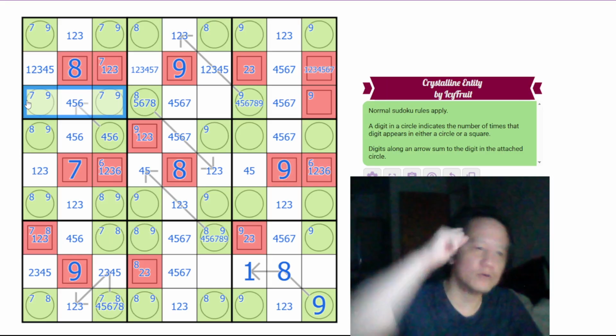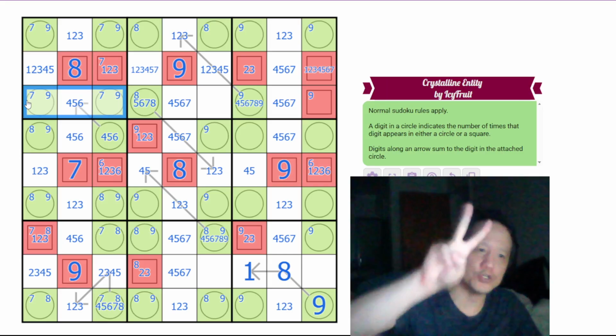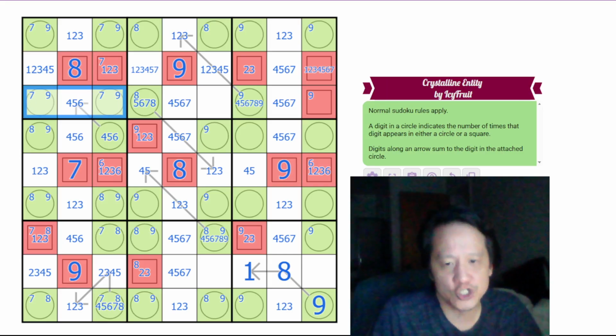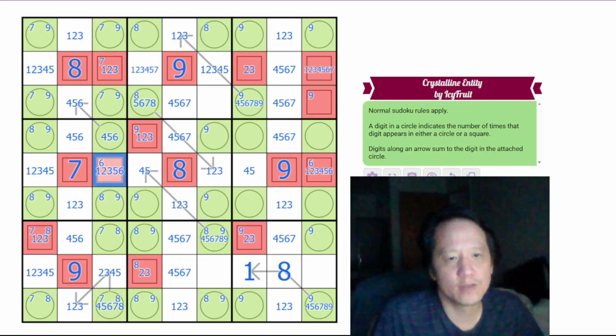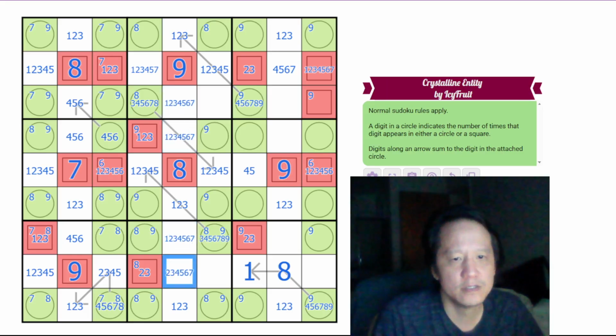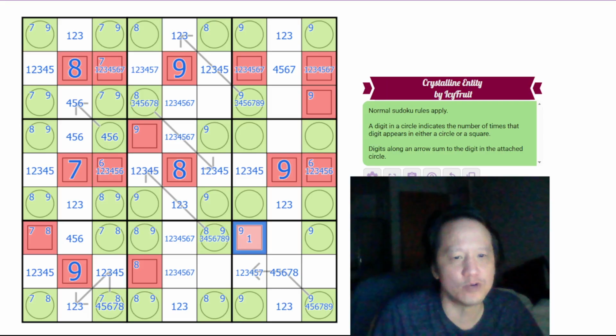Okay, so it's only 1 digit or 2 digits. We don't know which. It cannot be 1, 5. We've shown that that leads to a contradiction. If it's a single digit, it's 1 or 2.